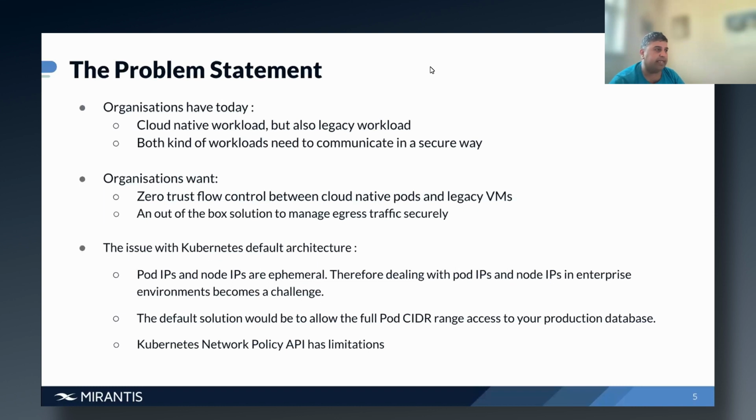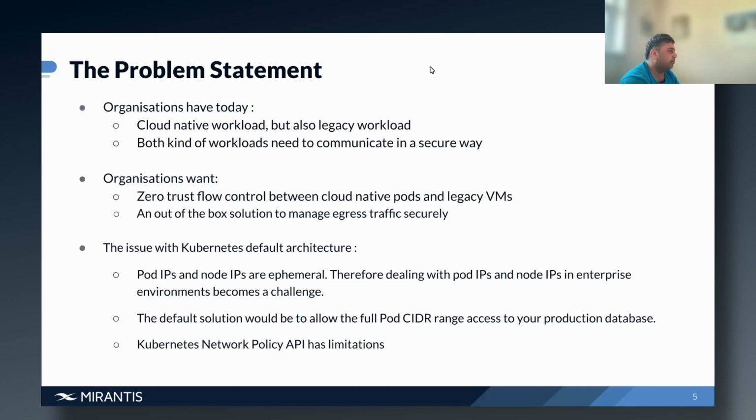Now, as we know, egress and ingress are managed through Kubernetes network policies and the APIs, but this does have its limitations, and some of those we're going to discuss shortly. Just keep in the back of your minds that pod and node IPs are ephemeral.